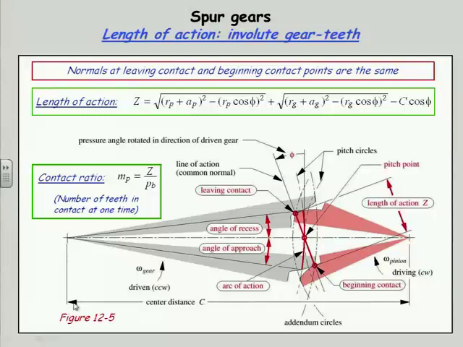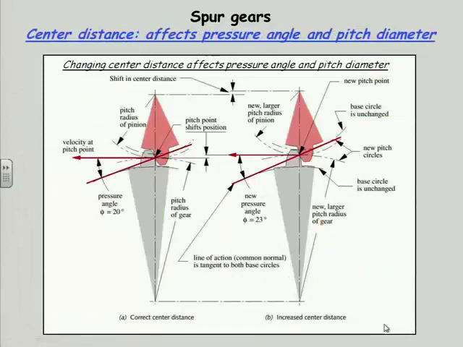I didn't put that formula here. So it's just the center distance between the two, your C, and cos phi. So I can calculate that for any given mesh. And I'd like the biggest contact ratio possible because I'm going to get better load sharing in the process.